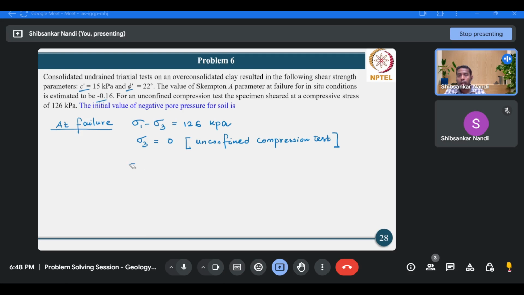Before that, we'll calculate the pore water pressure at failure.